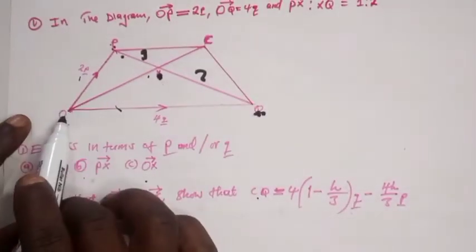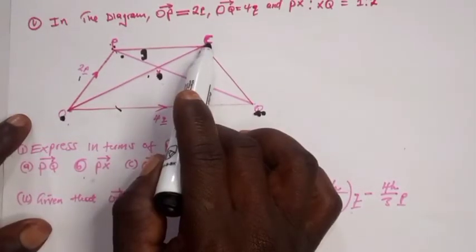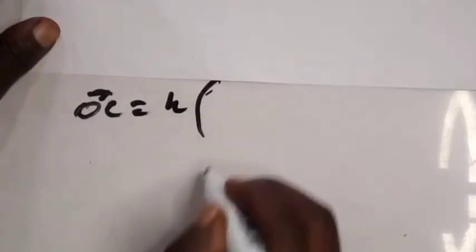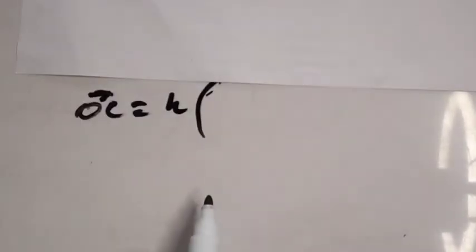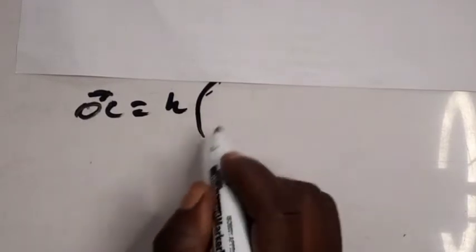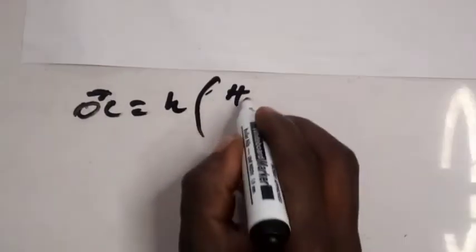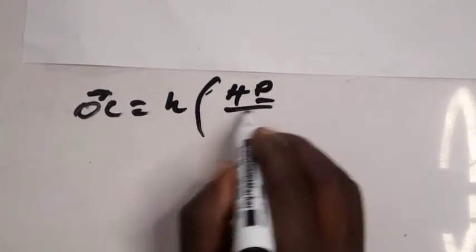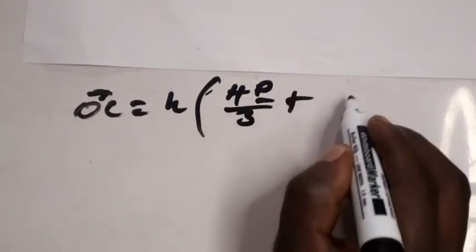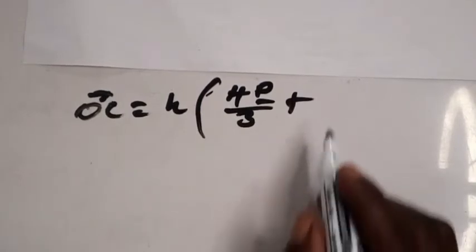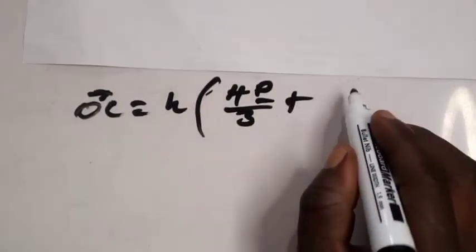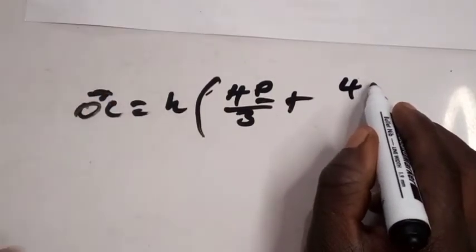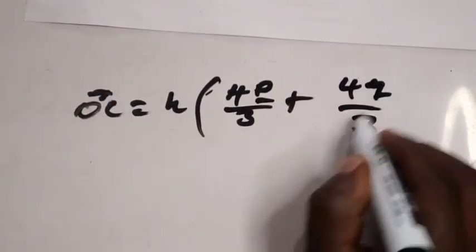OC is h times OX, we have found that it is 4p over 3 plus 4q over 3.